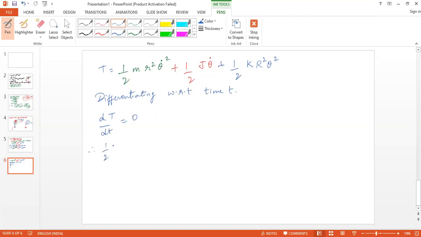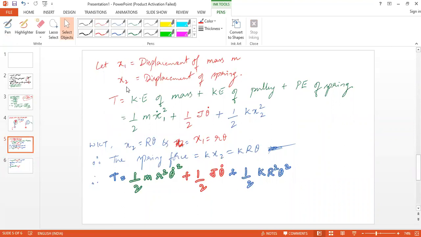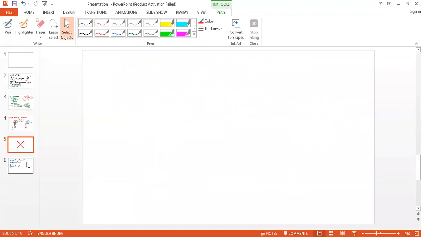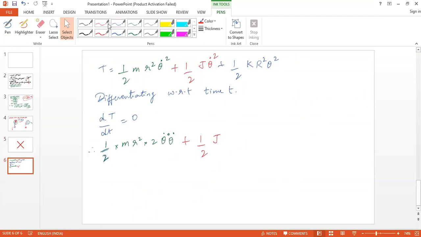Therefore, half into m r square into 2 theta dot theta double dot plus half J into 2 theta dot theta double dot plus half k R square 2 theta theta dot. We should get a square here.